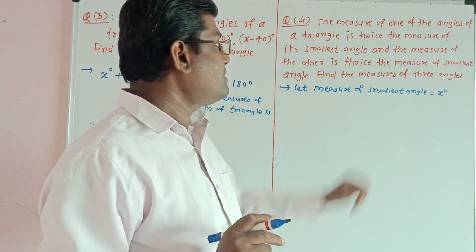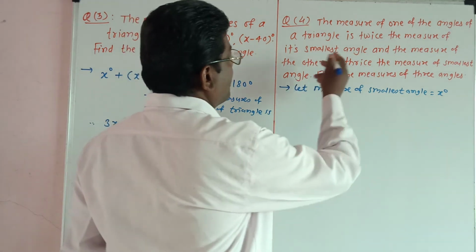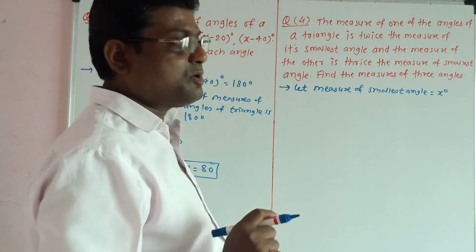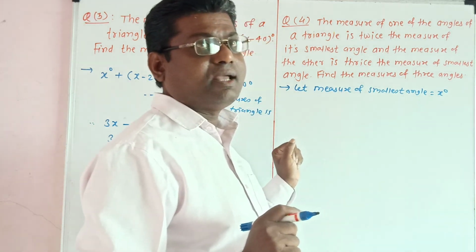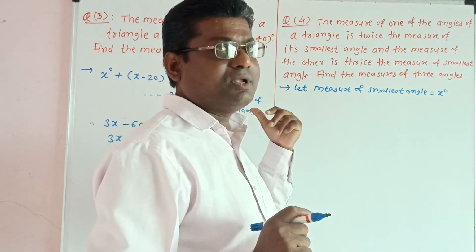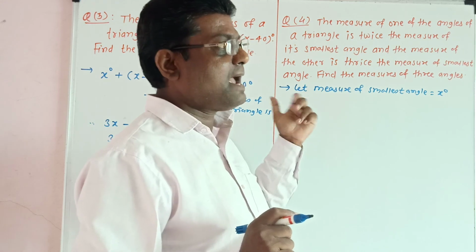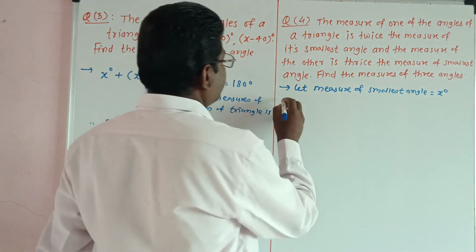Another angle is thrice the smallest angle, that is 3x. So the other two angles will be 2x degree and 3x degree.